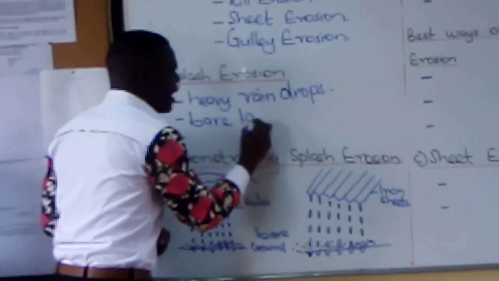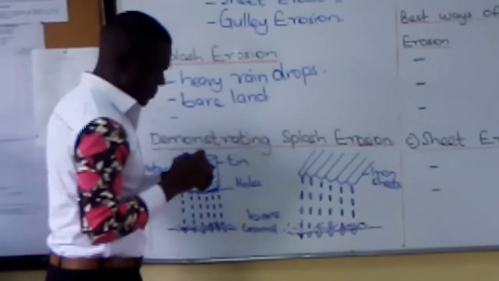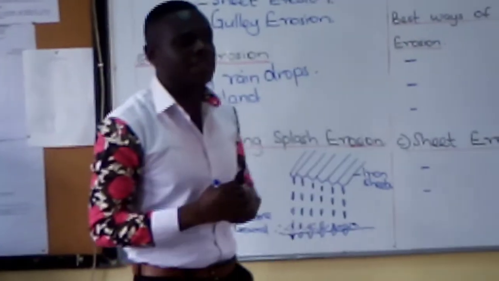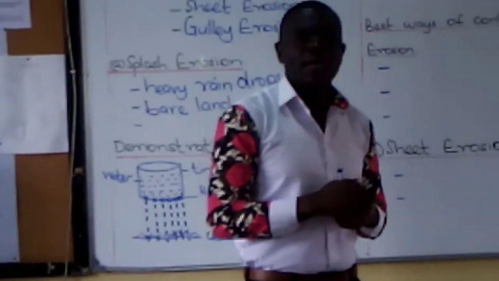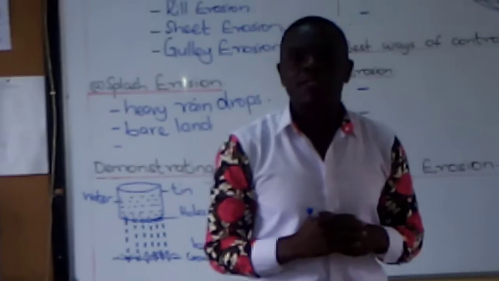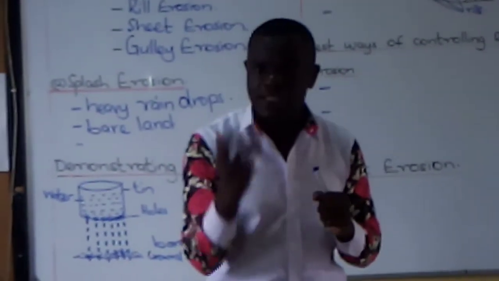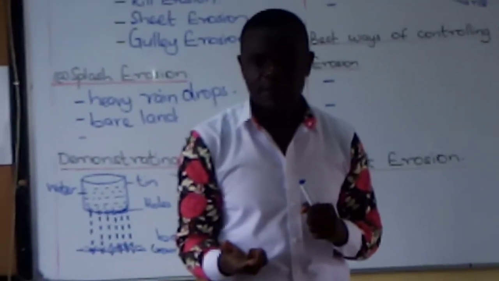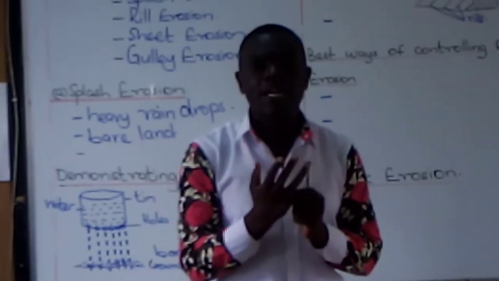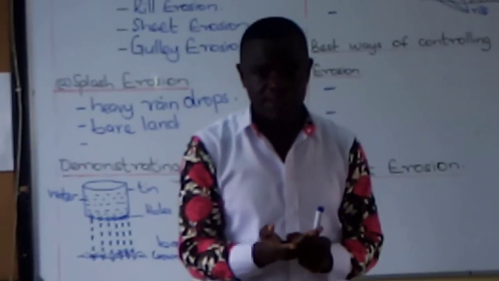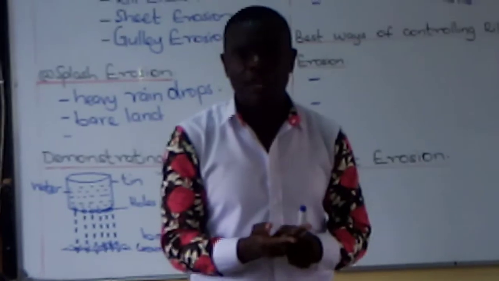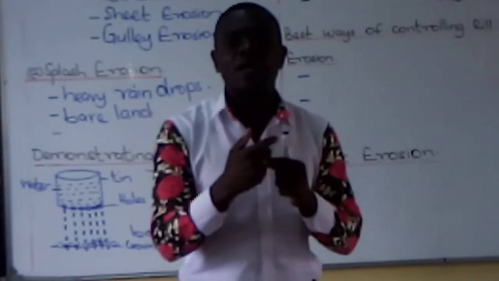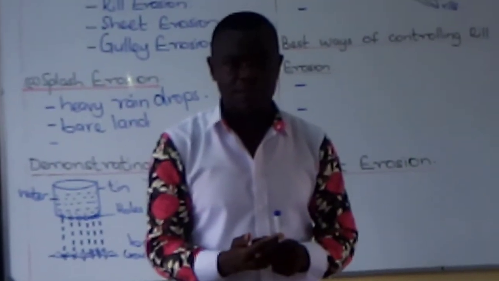And what is a bare land? Boys and girls, a bare land is land that does not have vegetational cover. That means there is no grass growing on that land, there are no crops on that land, and there are no trees on that land.